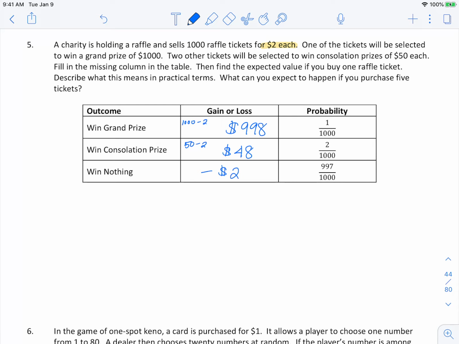So let's find our expected value using the probabilities. Go ahead and do this, please.